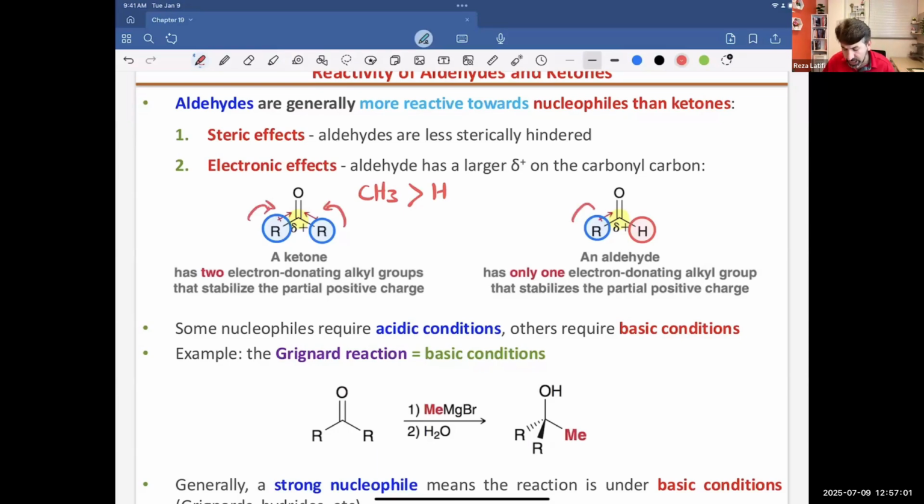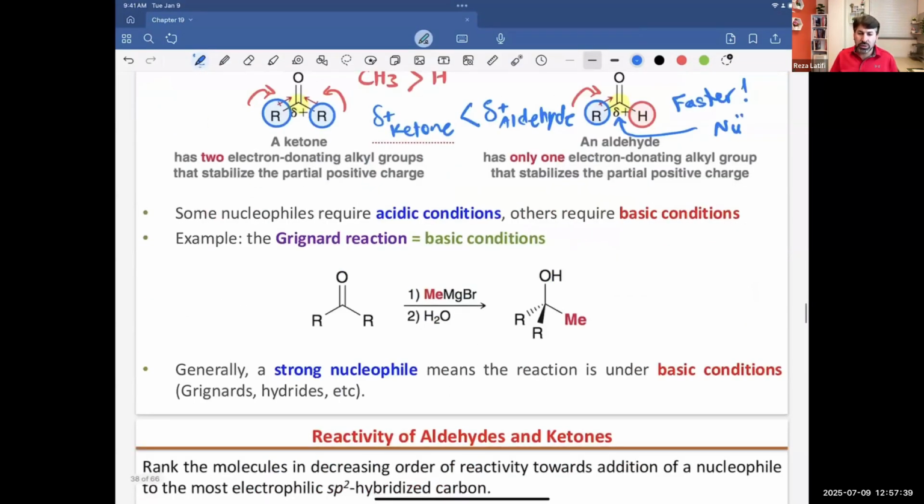While when it comes to aldehyde, I have only one R, so hydrogen cannot donate much electron density. What does it mean? The partial positive charge that we have for ketone will be smaller than the partial positive charge of the aldehyde. It means the nucleophile will find this carbon shorter in electron density than the carbon of ketones. And so the reaction here will be faster.